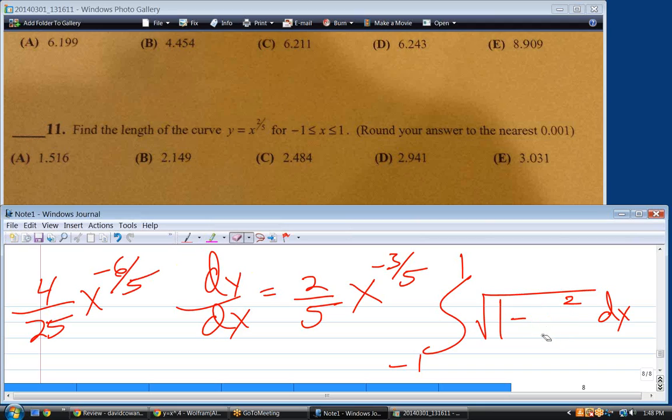So if I plug that in for y prime squared, I get 4/25 x to the -6/5. Can you do a NINT on that? Yeah, I'll do that. Notice that when I squared the x to the -3/5, I just multiplied the exponent by 2. I didn't square the exponent. Minus.